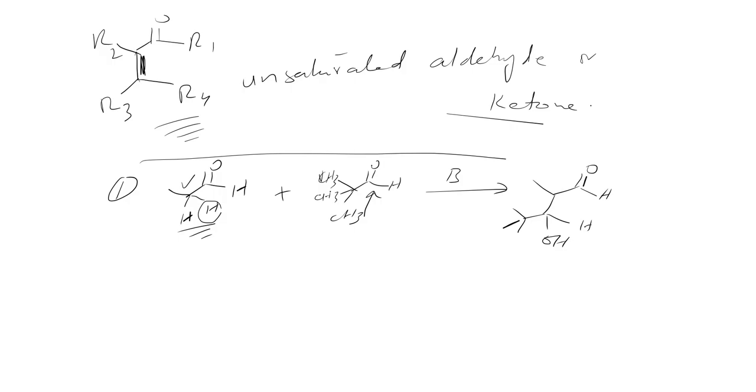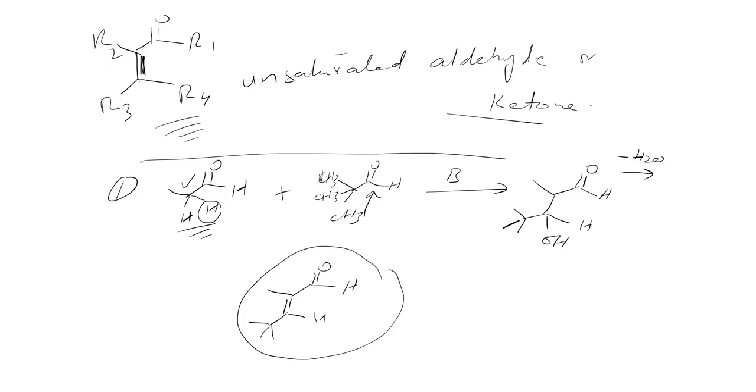By providing acidic conditions or heating, the water molecule will be removed, giving unsaturation. So here one proton, and here a tertiary butyl group. So this is the final product for this type of reaction.